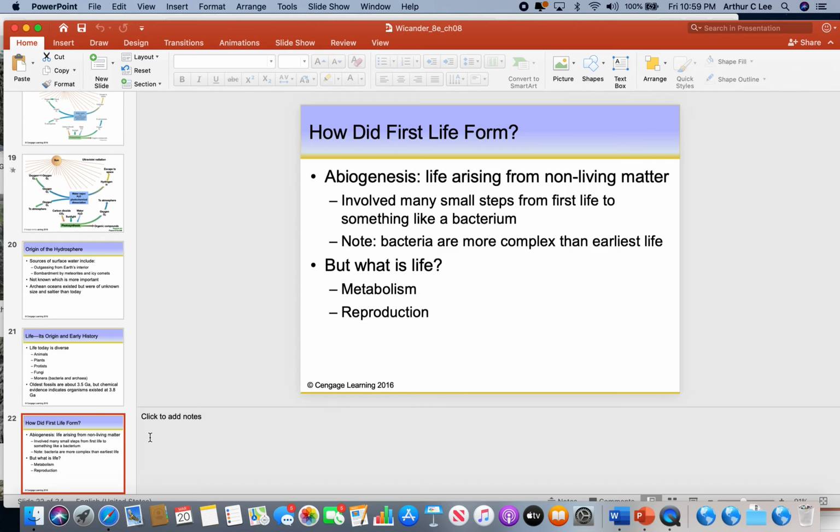So what is life? Life involves creatures that metabolize. In other words, they maintain their cell structure. They either make their own food, in which case they are called producers, or they eat food, in which case they're called consumers.